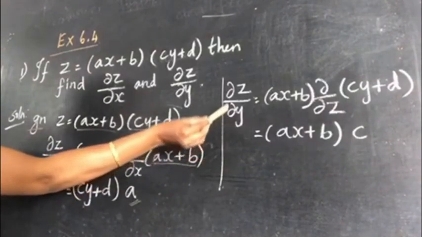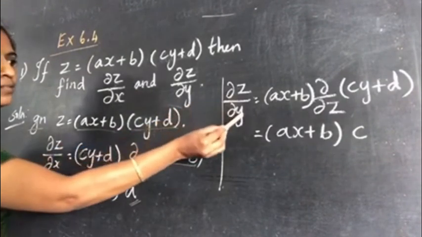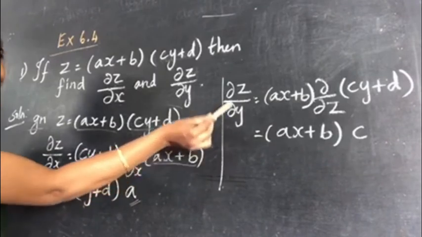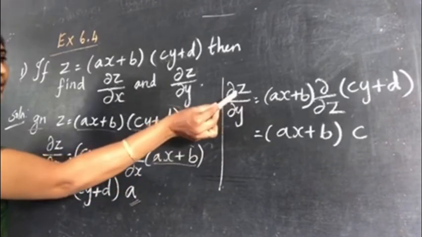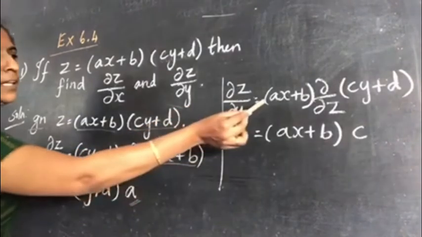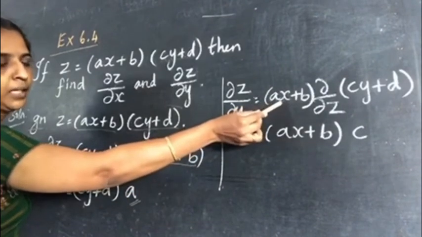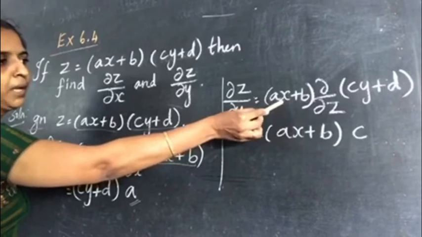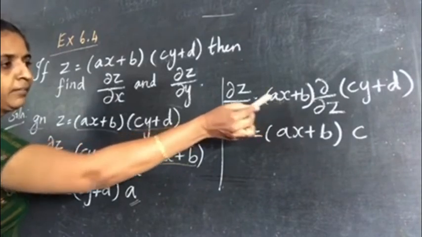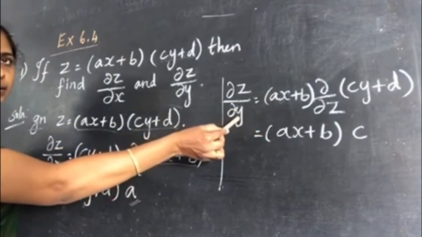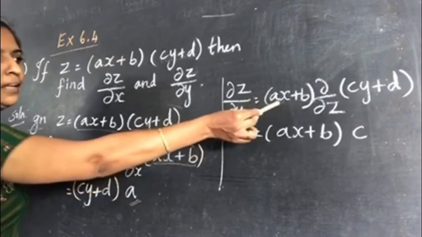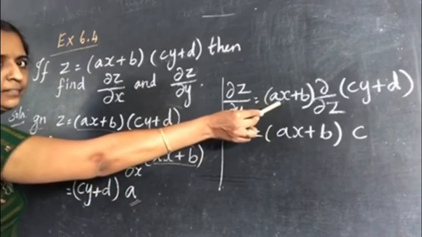Similarly, we need to find dou z by dou y. That means we need to differentiate z with respect to y. With respect to y means we can consider this variable as a constant because we need to differentiate it partially with respect to y. So, we can take the variable x as constant.